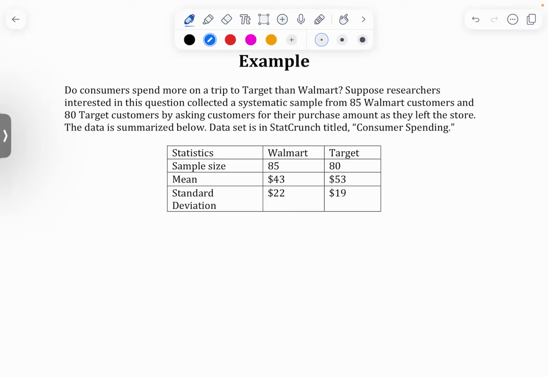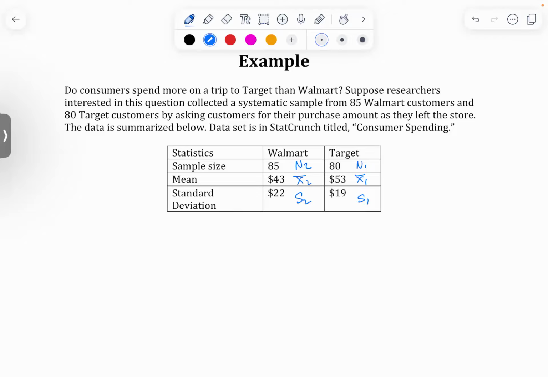So once again, we have a sample size, mean, and standard deviation. It's all about comparing the means. Whichever one has the bigger mean, that should be sample one. I clearly can see that is Target, which makes that N1, X bar 1, S1, N2, X bar 2, S2.